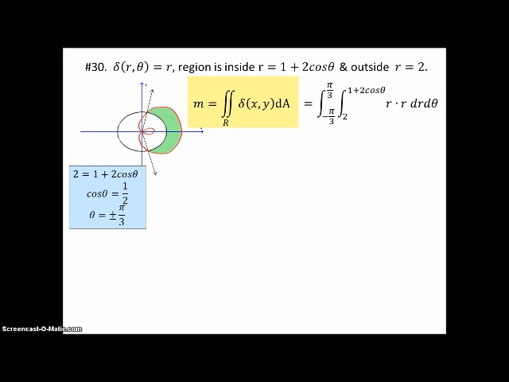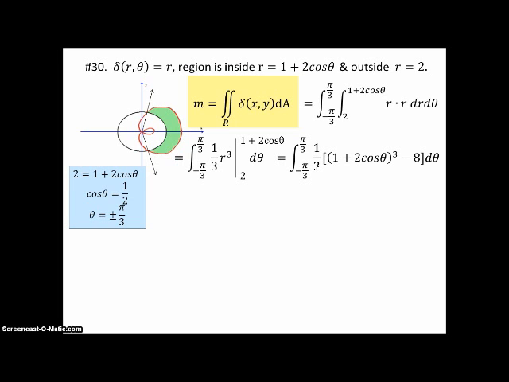So we integrate r squared, and we get 1/3 r cubed, evaluated from 2 to 1 plus 2 cosine theta. And that gives us this integral when I substitute. And I wimped out and used the calculator for that. And there's the mass, approximately.